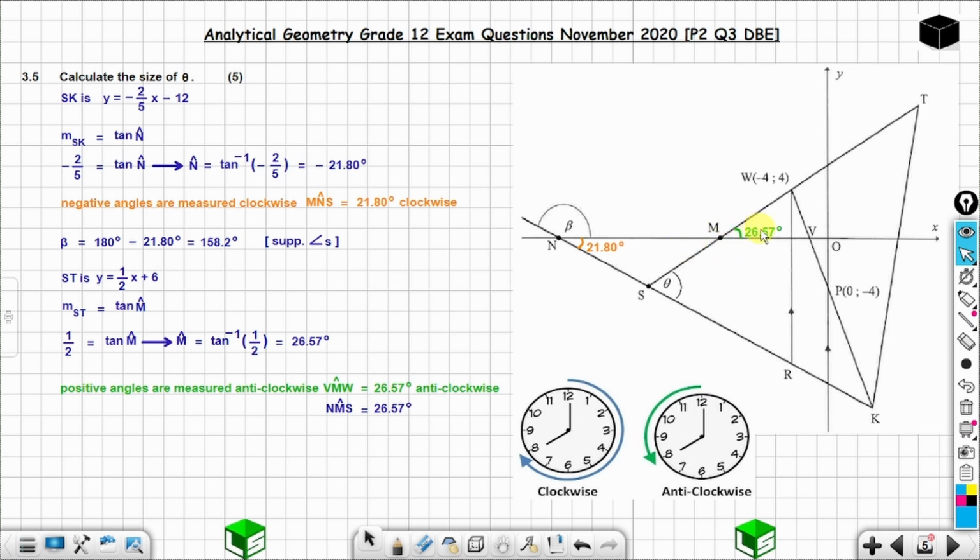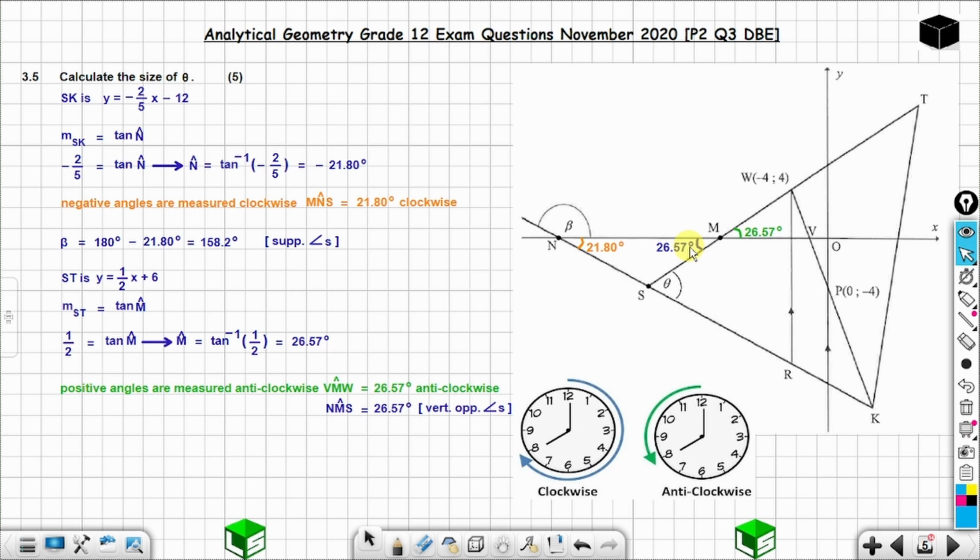Okay, so the reason is vertically opposite angles. Now you have this angle and this angle. So theta is equal to this angle plus this angle.